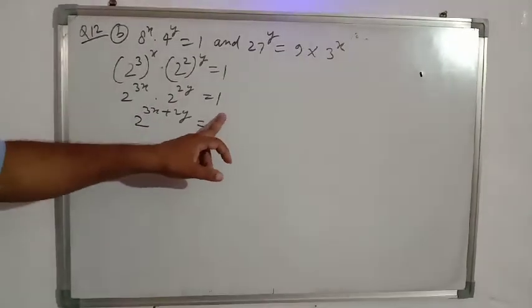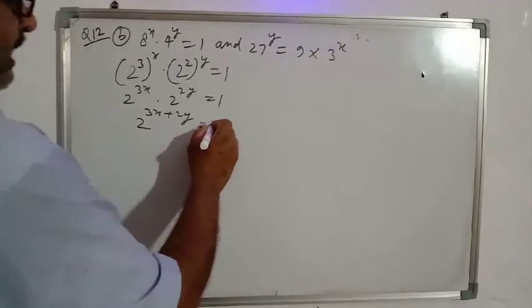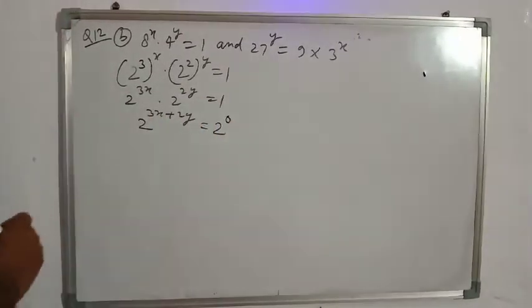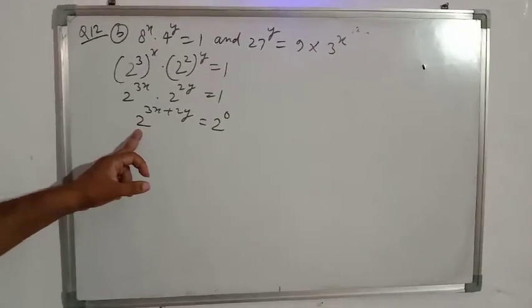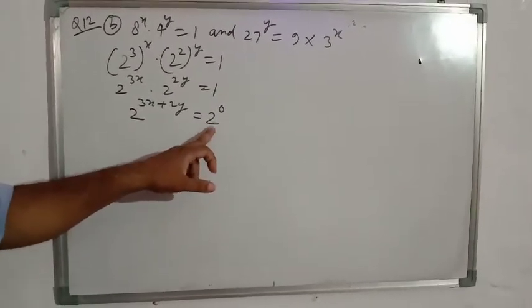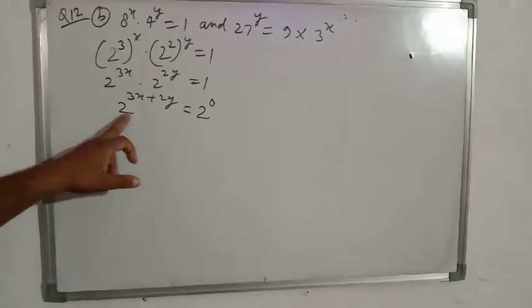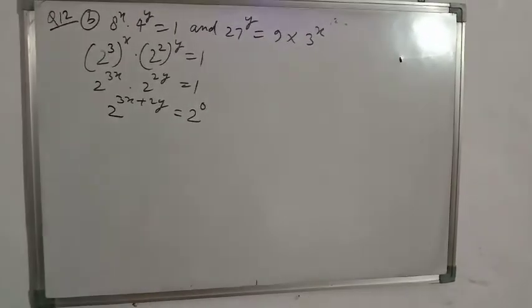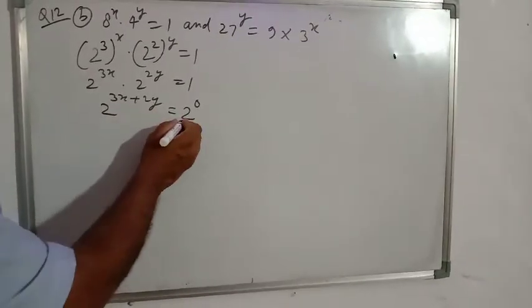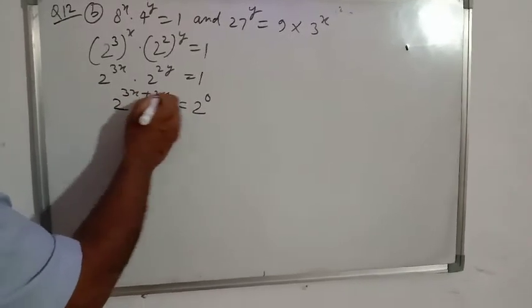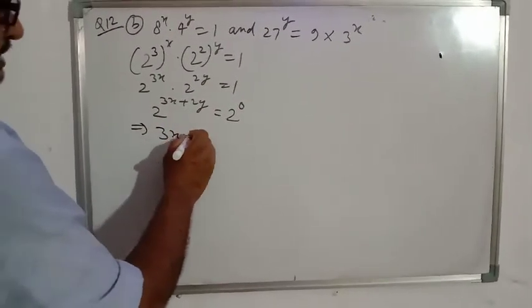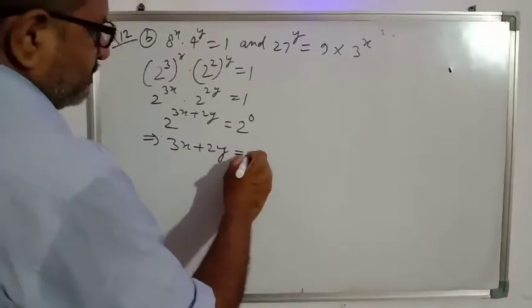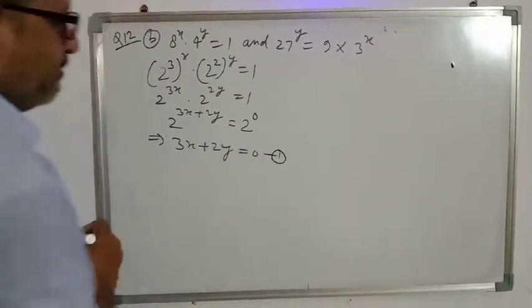Here 1 is there. We can write 1 as 2 to the power 0. Here the base is 2, so we have taken base 2. If the base were 5, we would take 5 to the power 0. Now compare: both sides have the same base, so we will equate the powers. So we get 3x plus 2y is equal to 0. It is equation number 1.